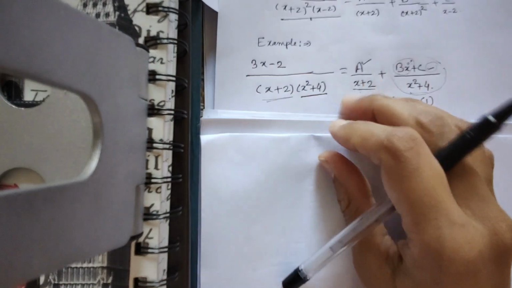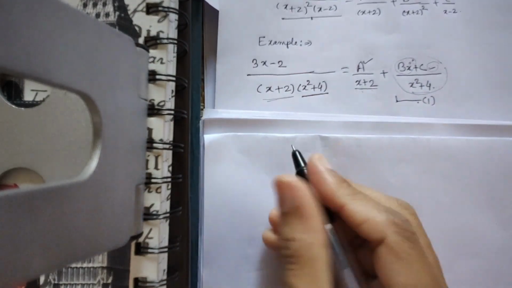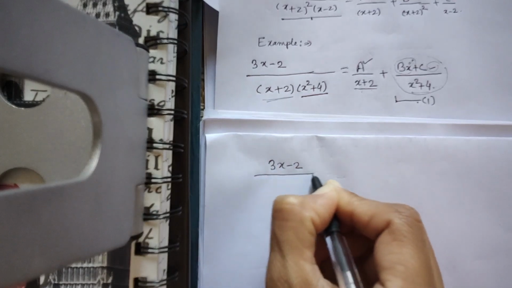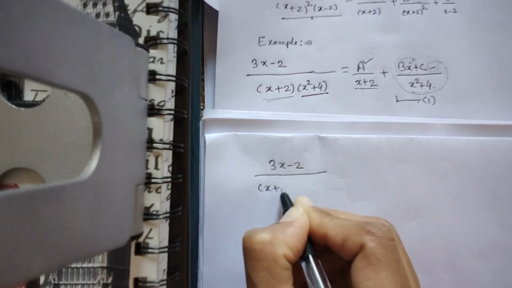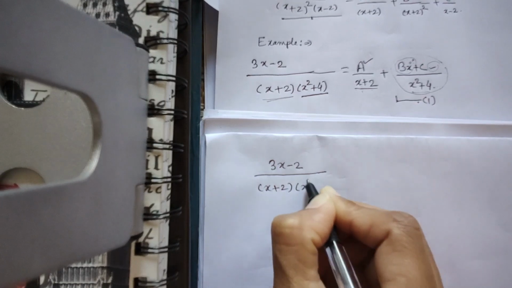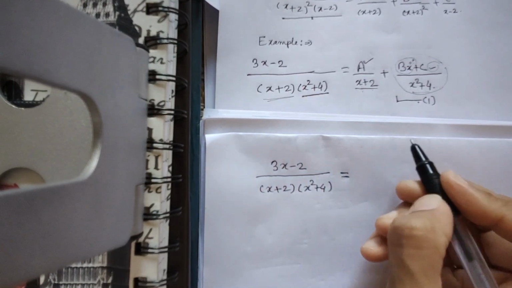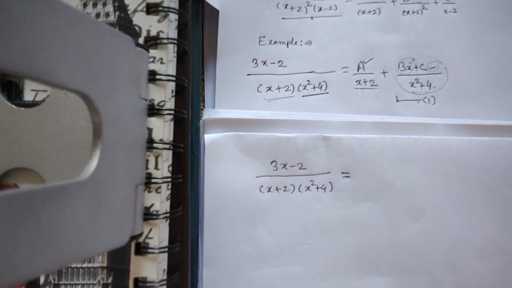Okay, so in equation 1, what I will get, that 3x minus 2 upon x plus 2 into x square plus 4 equal to, what is my value of a I have calculated?